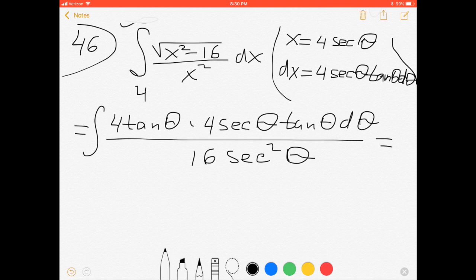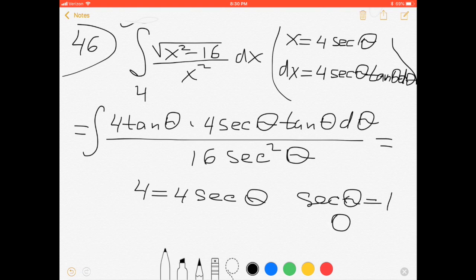Okay, x equals 4. What do you have? 4 equals 4 secant theta. This means secant theta equals 1 and theta equals 0. The lower border is 0. What happens if you have infinity? 4 secant theta equals infinity.